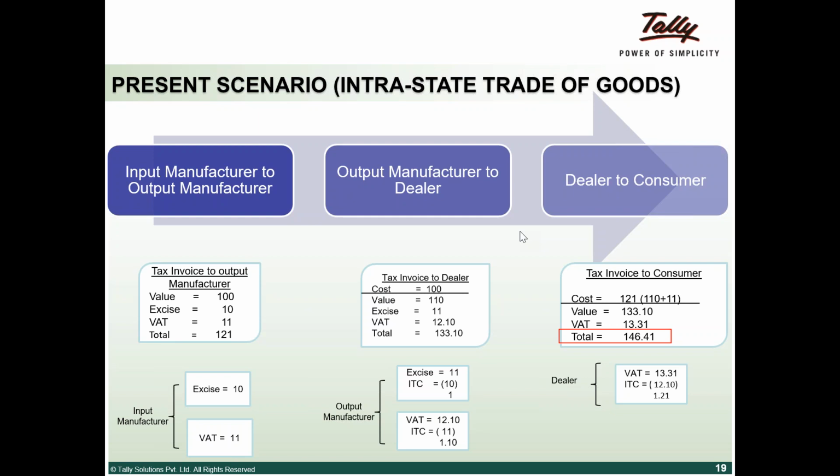So the question arises, why should I register? Because if the customer comes and says that I need an input credit, then obviously he may have a constraint to register himself under the GST regime.